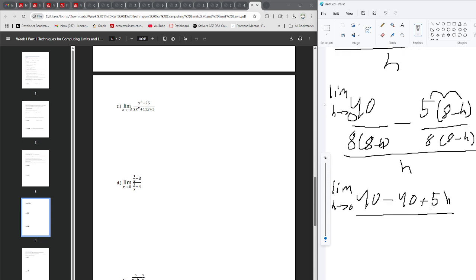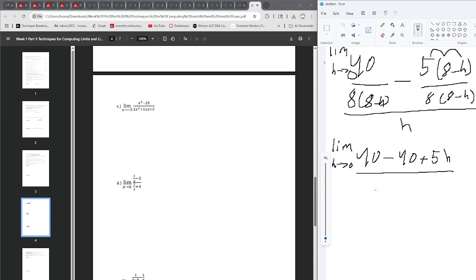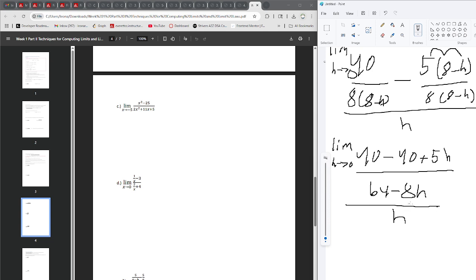Why am I doing this in MS Paint? We have this over 64 minus 8h, and then this is all divided by h. And this gets rid of that. And then now we could move this back up here.